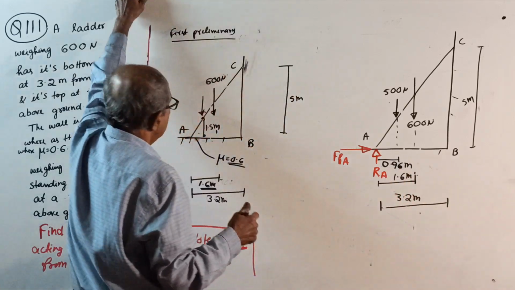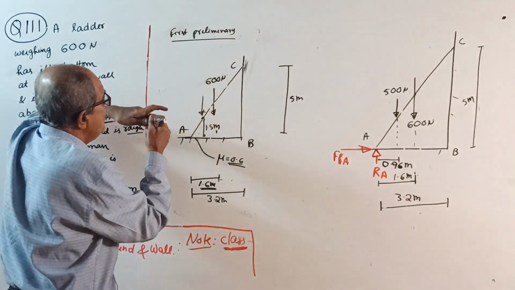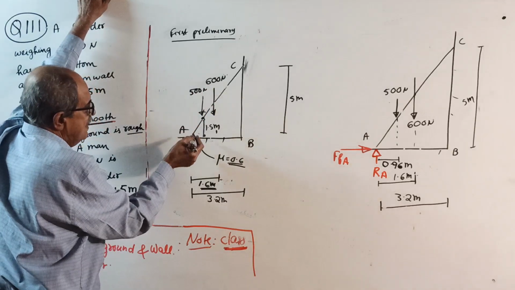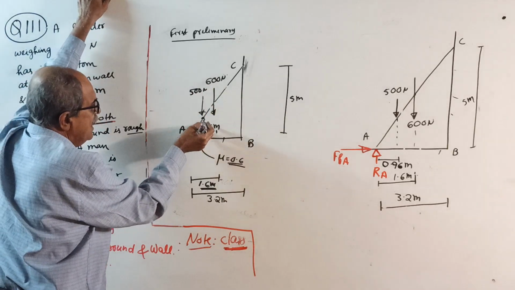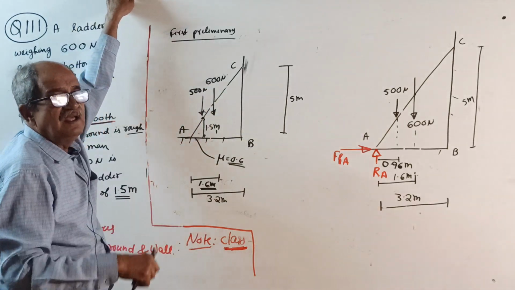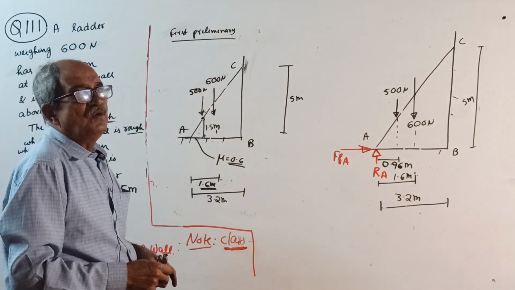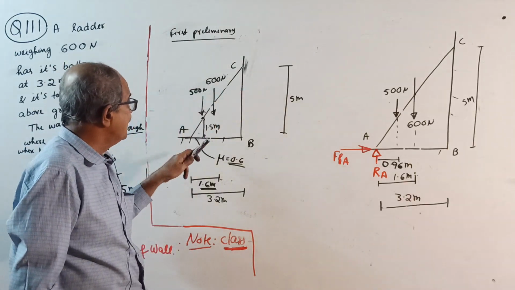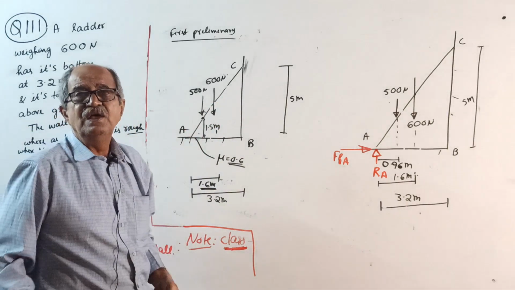Then they told a man weighing 500 Newton is standing at a height of 1.5 meter from the bottom. Find forces acting on the wall and ground from the ladder.